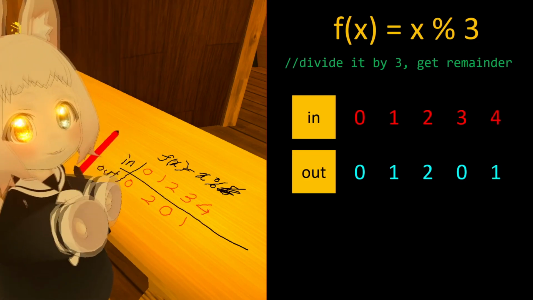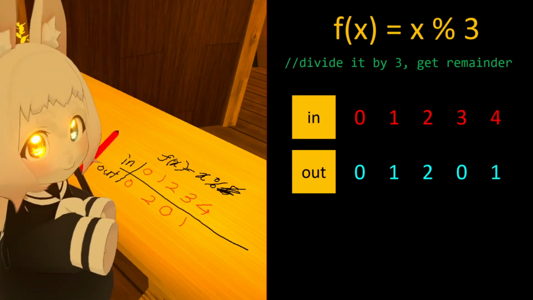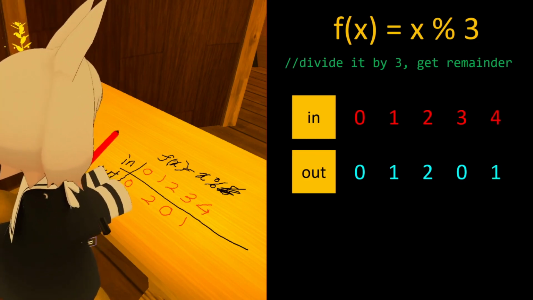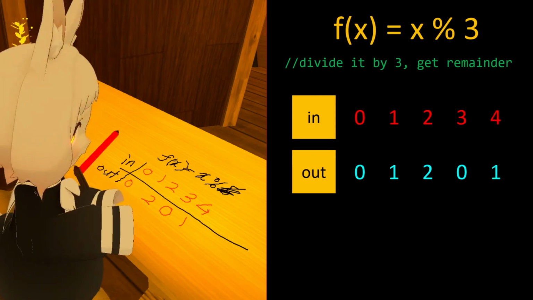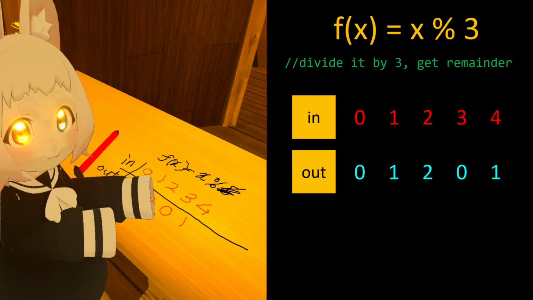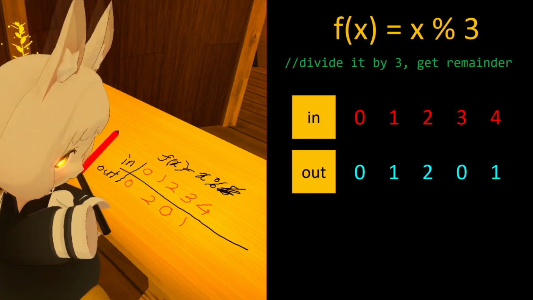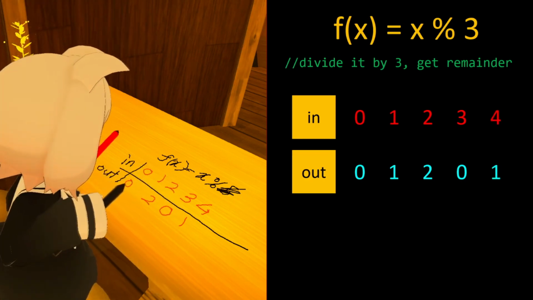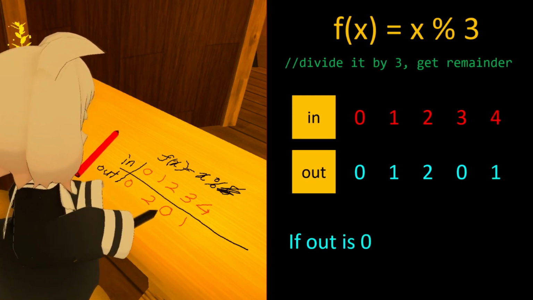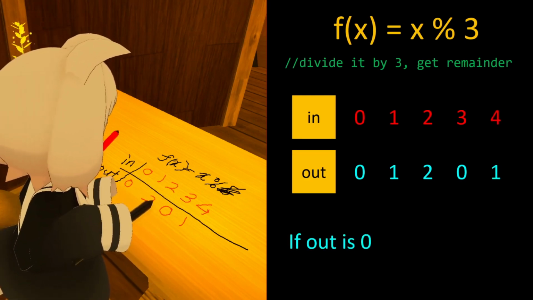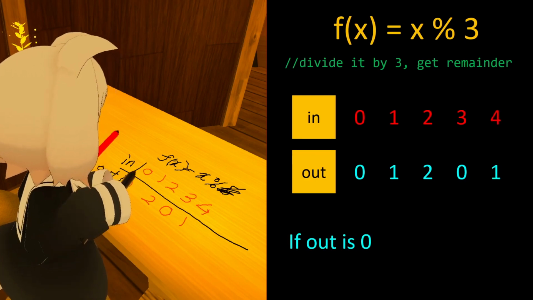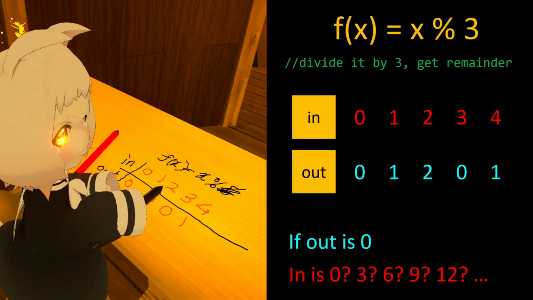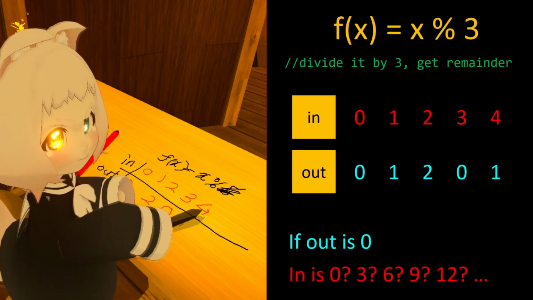Now here's the question. Can you find a function such that it will accept 0, 1, or 2, and then give you the original number back? Some of you might realize, oh, it cannot be done. Why? If I give you 0, the original source might be a 0, might be a 3, might be a 6, or a 9, or a 12.